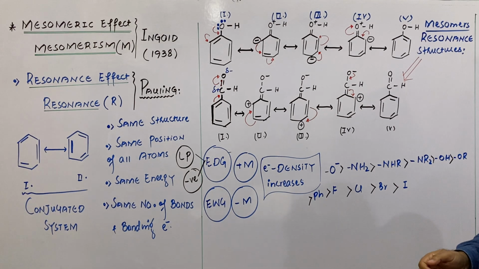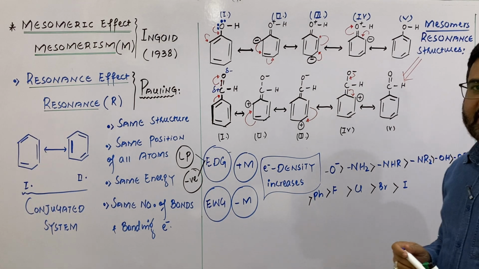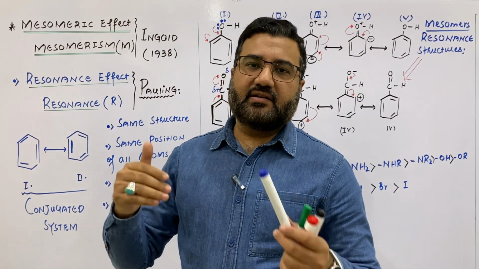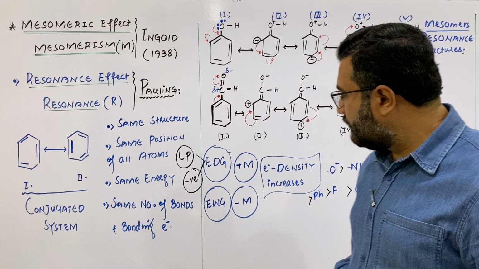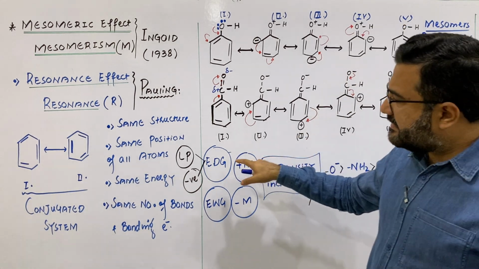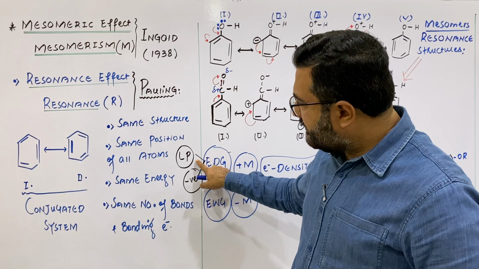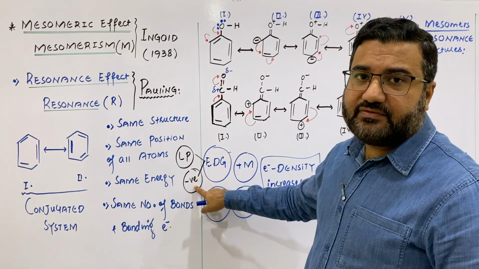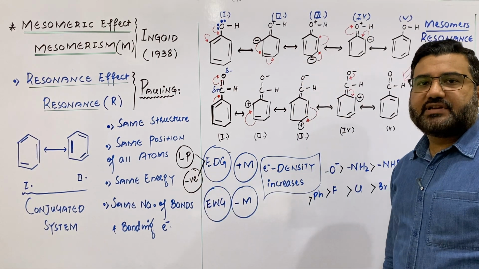Now, my dear students, there is a trick to memorize what kind of groups show negative M and what kind are positive M groups. For the positive M groups, we have already discussed that all those groups in which the central atom has a lone pair of electrons or has negative charge are positive M groups.